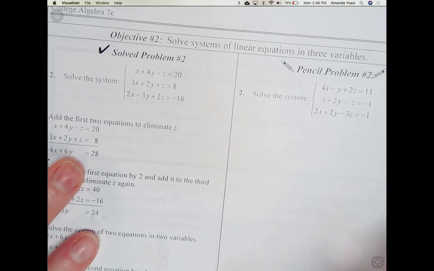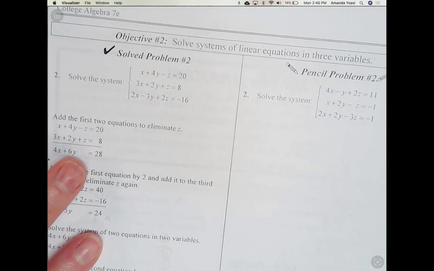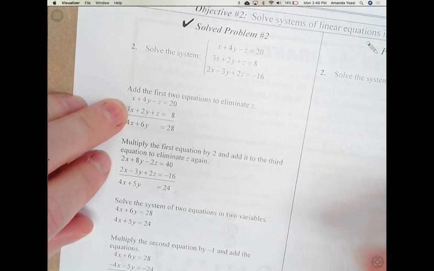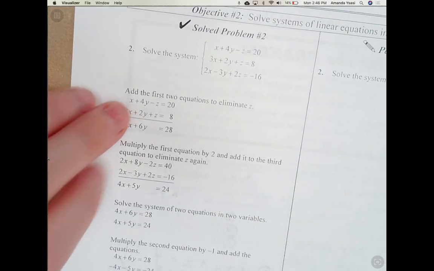Okay, so let's do some more complicated ones with the three equations and then 3 variables. So if we look over at our example, this one says add the 2 variables to eliminate.